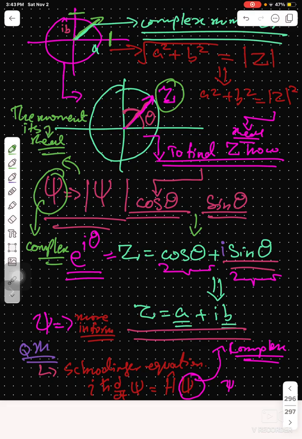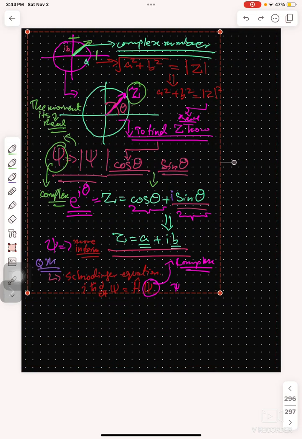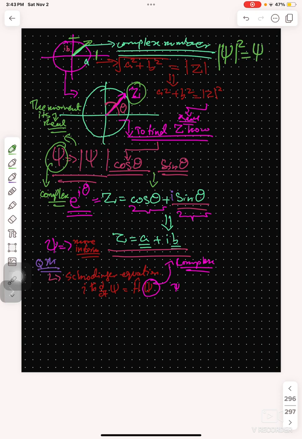So the probability, wait, let me just settle everything on one page and keep it simple. This probability square is nothing but this and this.